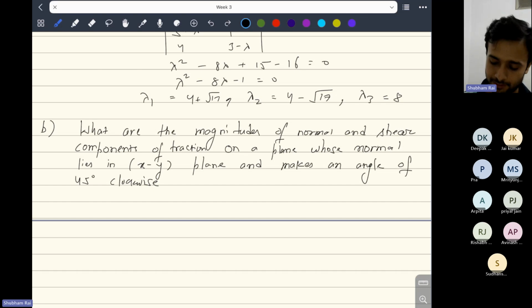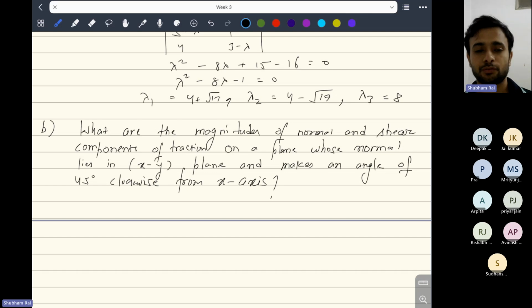Obviously, you have to specify the axis. So you have to tell me the magnitudes of normal and shear components of traction on a plane whose normal lies in xy plane and makes an angle of 45 degrees clockwise from the x-axis.